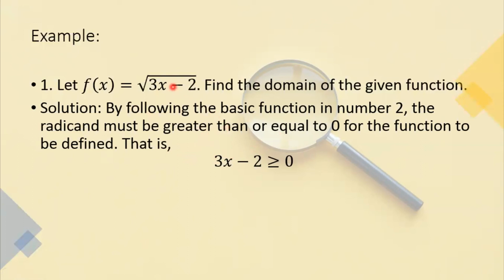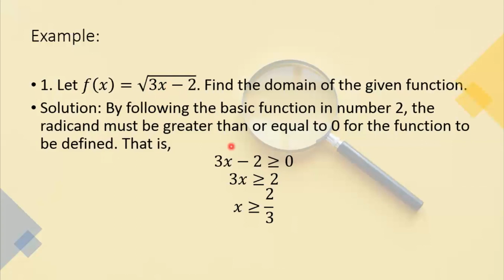We write 3x minus 2 greater than or equal to 0, then solve for x. So 3x is greater than or equal to 2, and divide by 3, because we want to know the values of x that can make the function defined. So x is greater than or equal to 2 over 3, which means that if x is equal to 2 over 3, this will be the square root of 2 minus 2, the square root of 0.